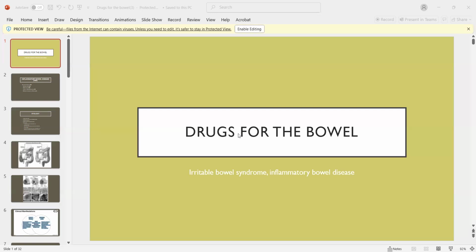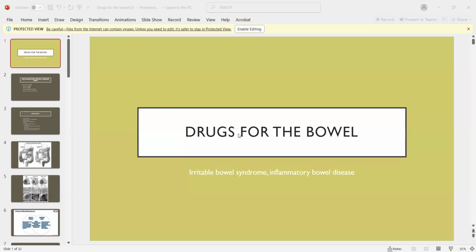There are reports of pancreatitis and hepatotoxicity, but those are not common. So on the average, these are pretty well tolerated. They come in an oral and a rectal form with mesalamine. The rectal form is called Rowasa, and there's a suppository called Canasa.